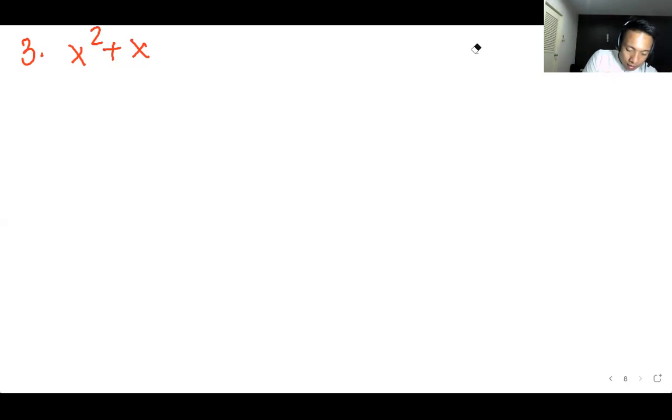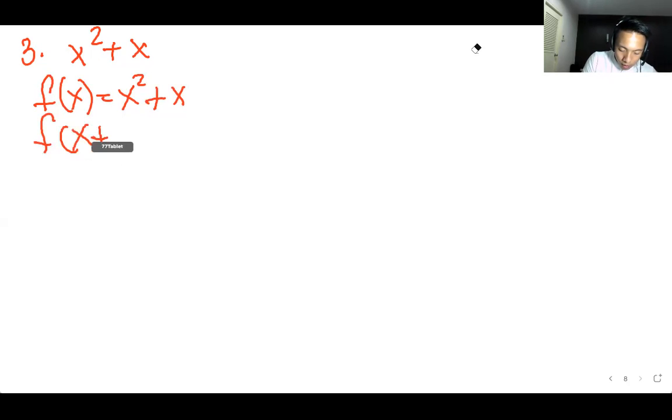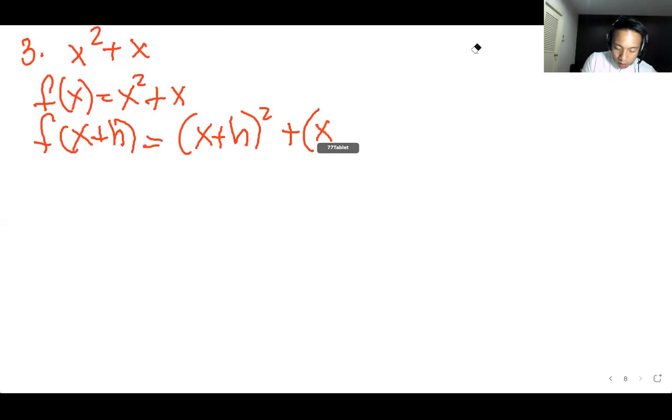Okay, so we have the first given, which is f of x equals x squared plus x. Okay? Second one is we will put f of x plus h equals, yung x squared natin magiging x plus h squared plus x natin x plus h. Right? It's because we will change each x as x plus h. Okay, so medyo mahaba-haba lang siyang i-solve.